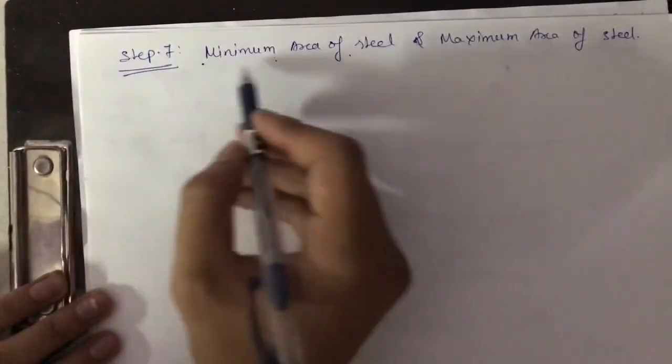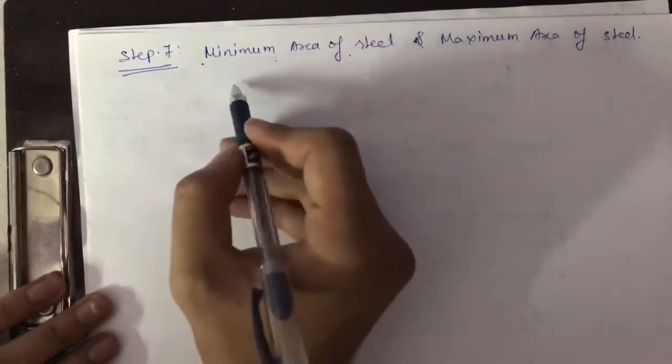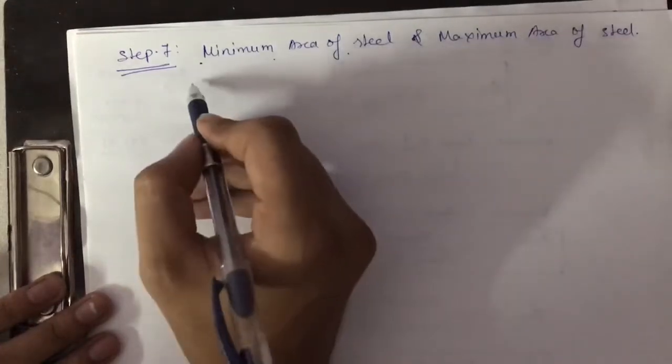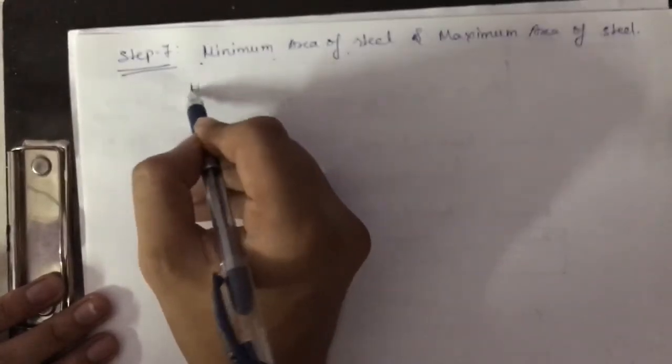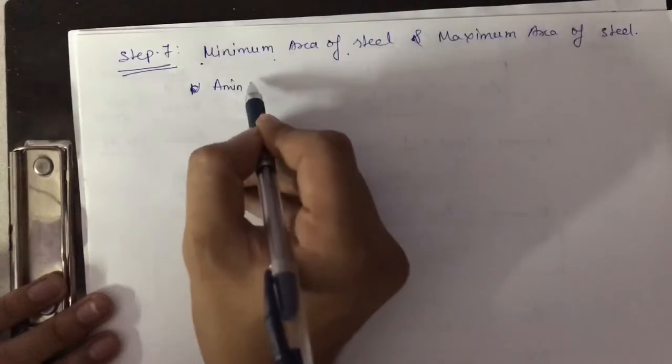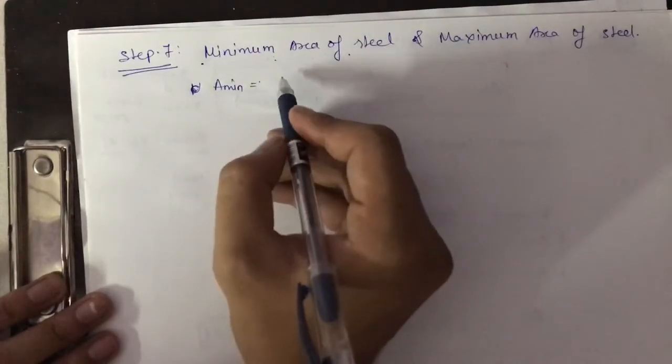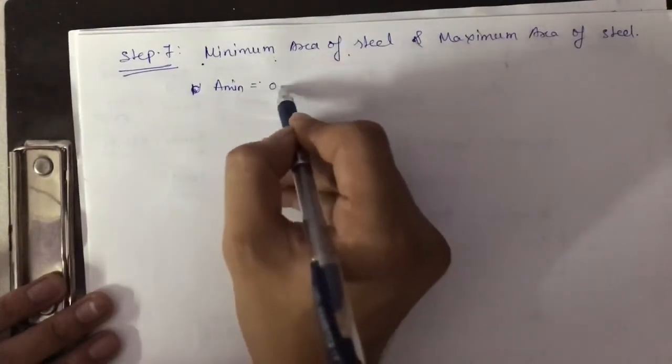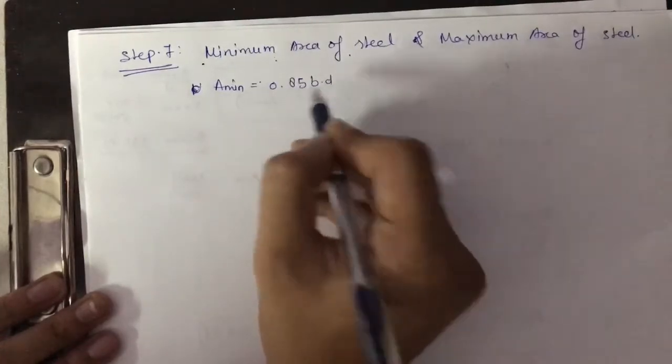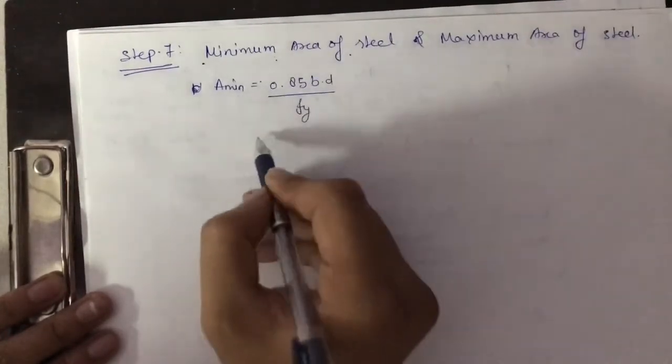So according to IS 456, we have the formula of minimum area of steel. A min is equal to 0.85 bd upon fy.